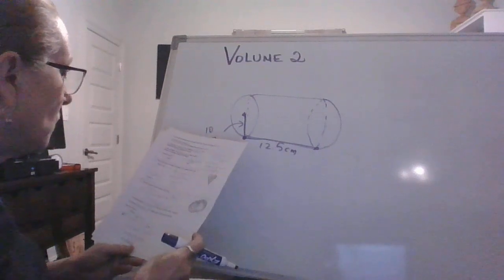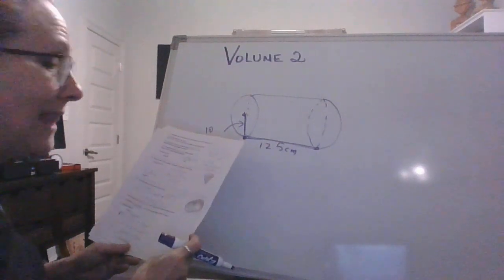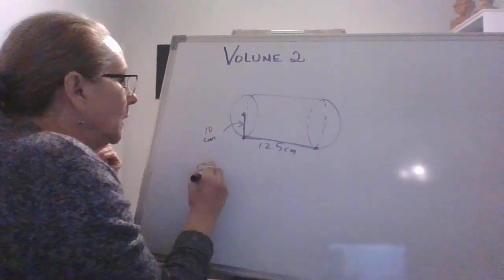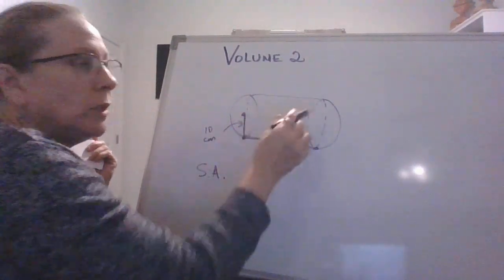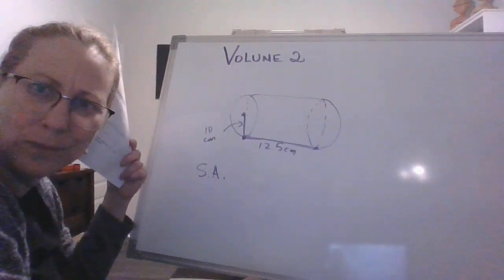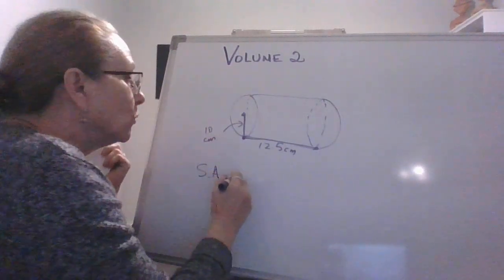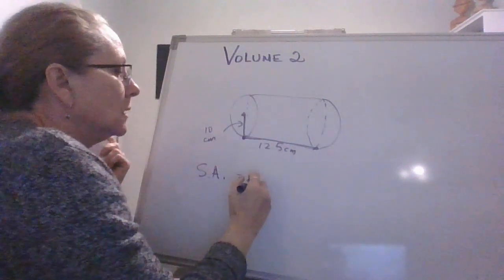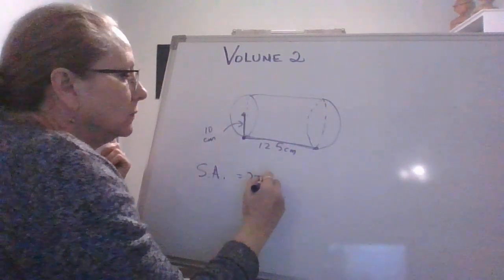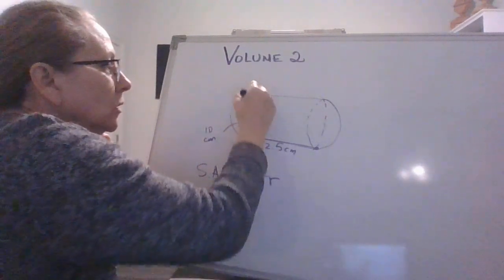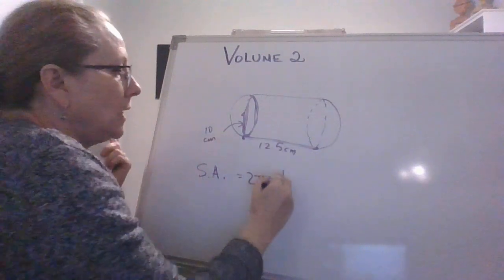So we're going to find the surface area first and then the volume. For surface area, we need a cylinder and a sphere, but we don't need the ends of the cylinder. So the lateral surface, or the rounded part of the cylinder, is 2 pi r, that is the circumference of the cylinder, times the height.